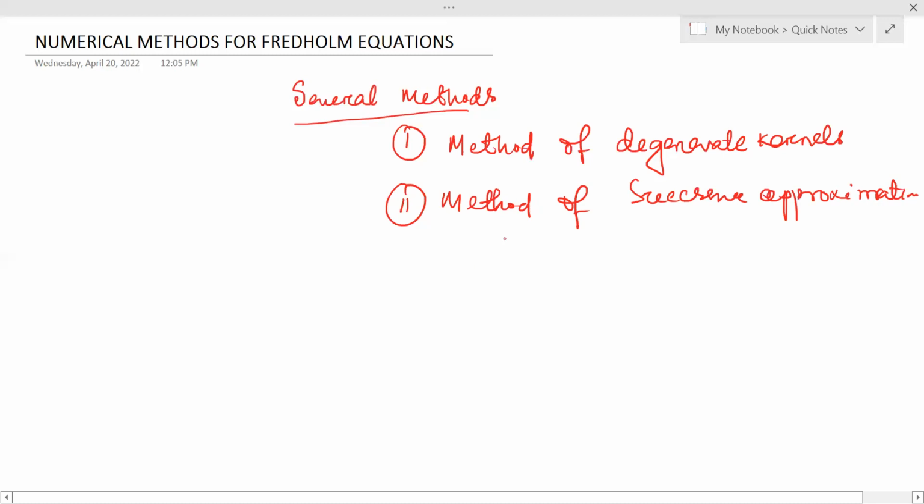Collocation and product integration methods, etc. These are the methods we have to utilize for the solution of this problem.